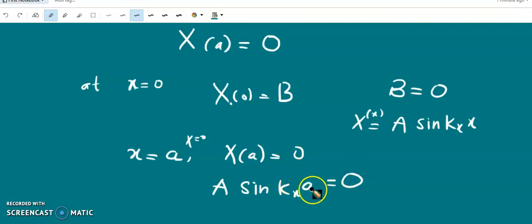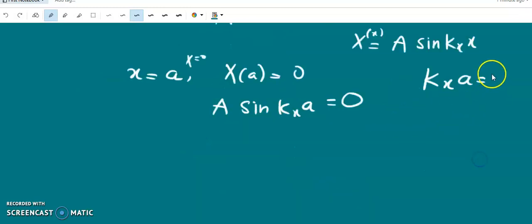This is true provided kx into a equal to m pi, where m can take values 1, 2, 3, etc. m cannot be 0, because when m equal to 0, the solution is 0, but A is not 0 here.